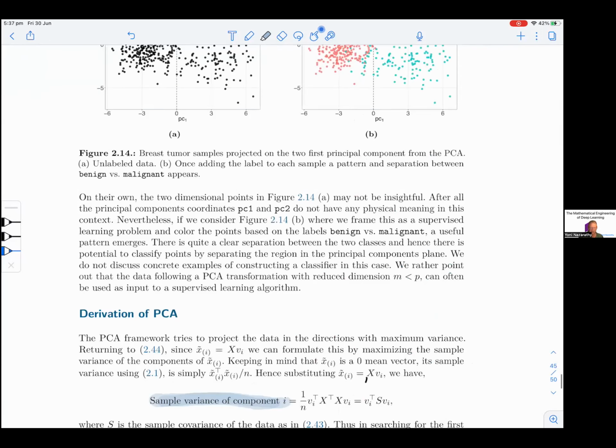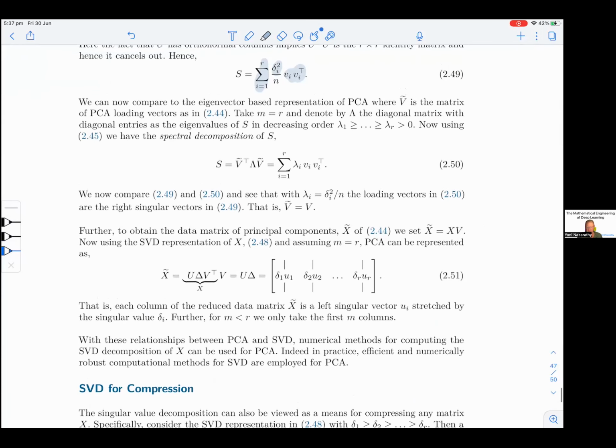Take M to be R. So take M to be the full rank of the data matrix, and denote by lambda the diagonal matrix with diagonal entries as eigenvalues of S in decreasing order.